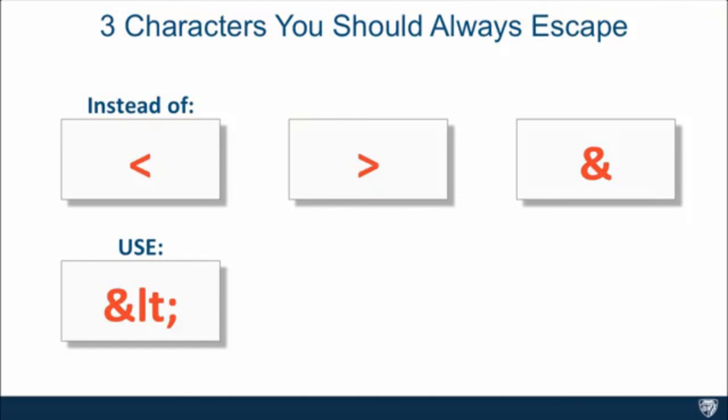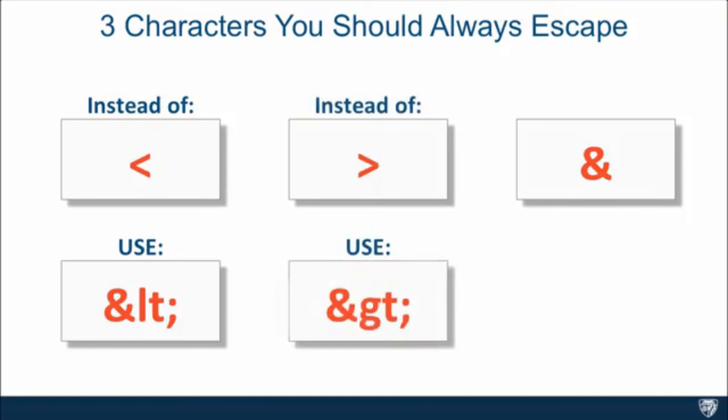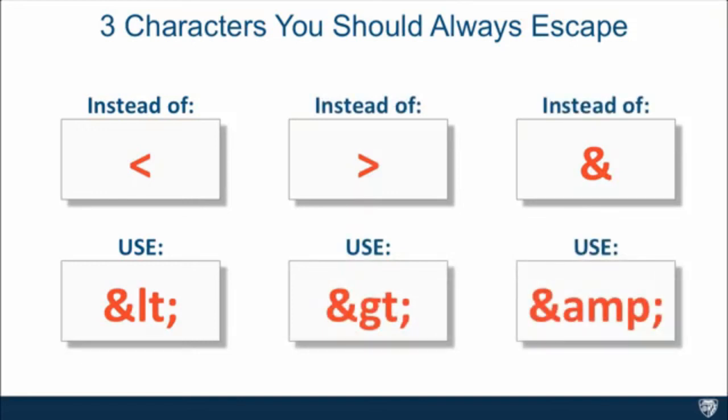So if you put in your HTML ampersand LT semicolon, the browser will interpret this as a less than character. And similarly, for the greater than character, it's ampersand GT semicolon. And for the ampersand, it is ampersand AMP semicolon.